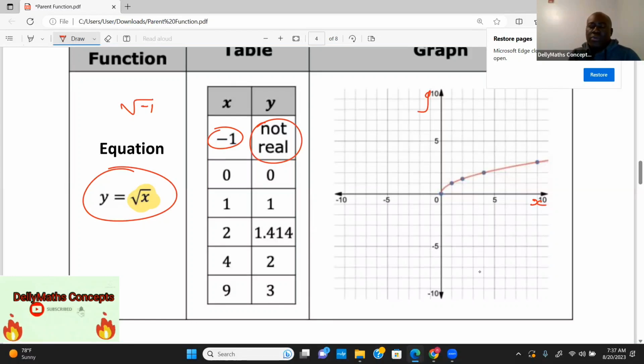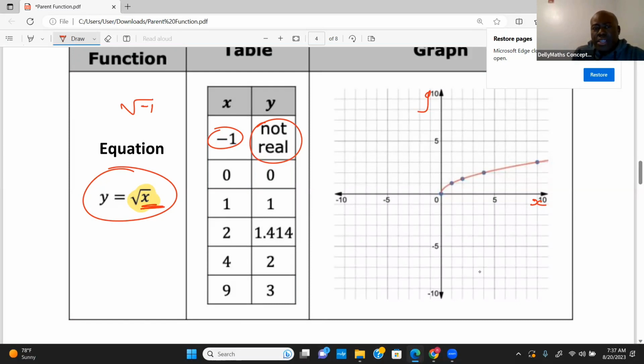Now, of course, we're going to say, all right, it's not real, but it is an imaginary number. But in Algebra 1, we're not going to go into detail on that. Matter of fact, we're not even going to be looking at imaginary numbers. So we're not going to have a value here. There is a value, but for this course, we would not elaborate on it. So we're not going to get anything negative right here, right?